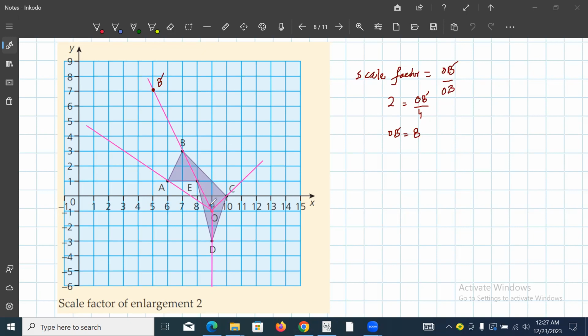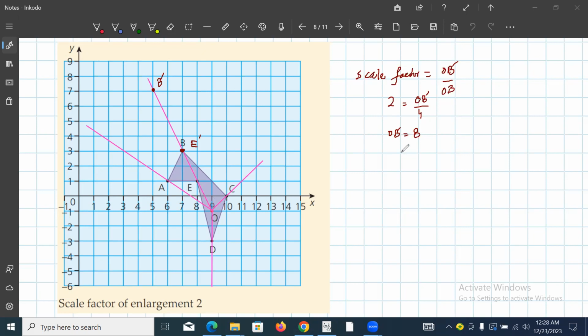Same as O to E, we have 2 boxes, 1, 2. So 2 multiplied by 2 is 4, so 1, 2. Exactly at B, we have point E dash. Then if we count O to A, we have 1, 2, 3.